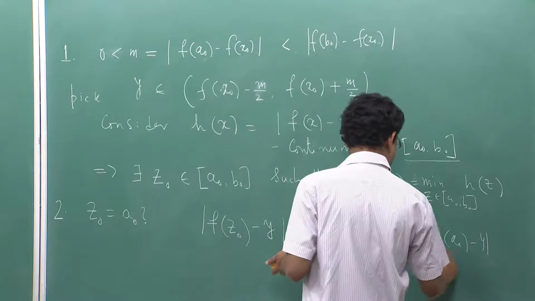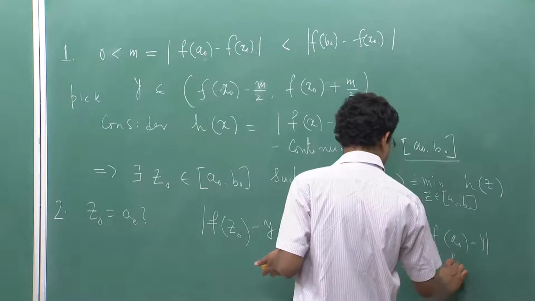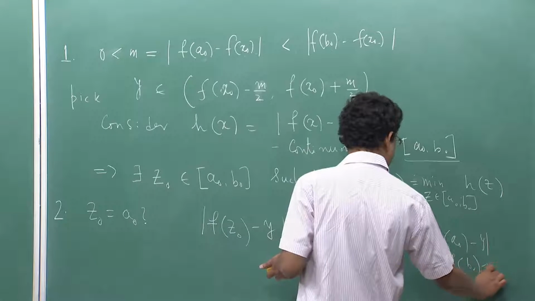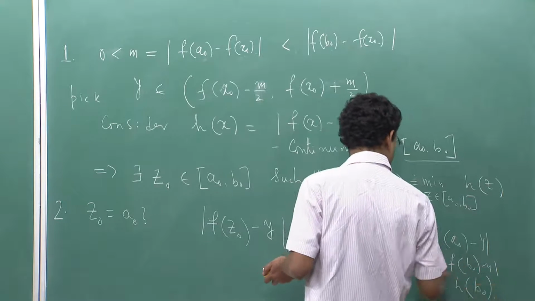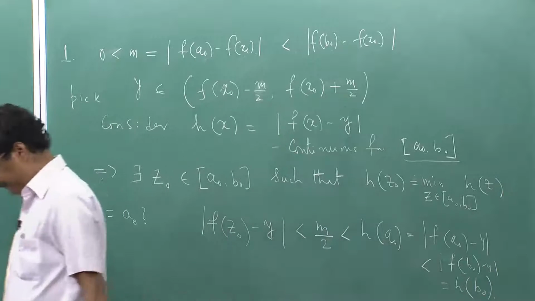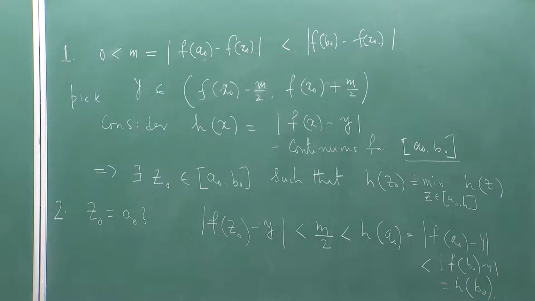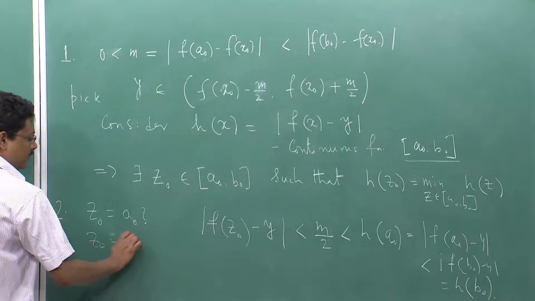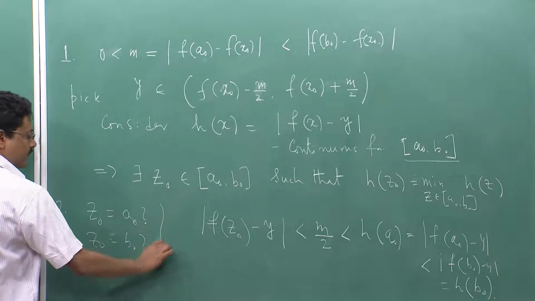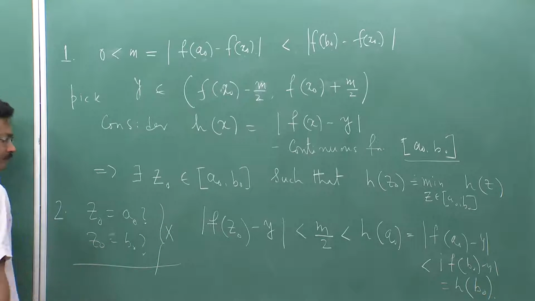So it has to be less than f of b naught minus y, which is h of b naught. This is an easy observation. So z naught cannot be a naught, and z naught cannot be b naught either. So this too cannot happen.